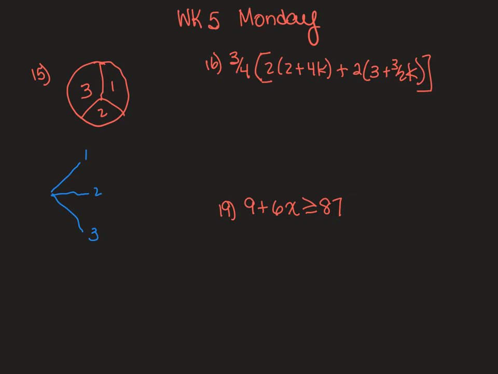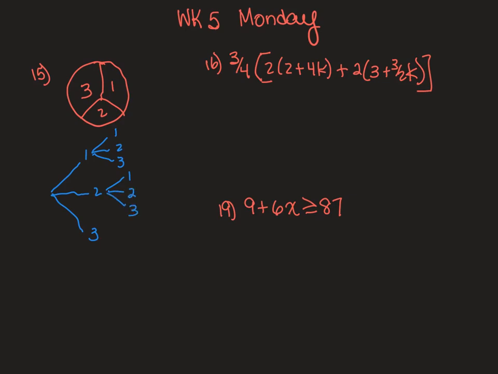If I got a 1 on the first spin, I could get another 1, or I could get a 2, or I could get a 3. If I happen to have spun a 2 on the first spin, I could have still gotten a 1 or a 2 or a 3.